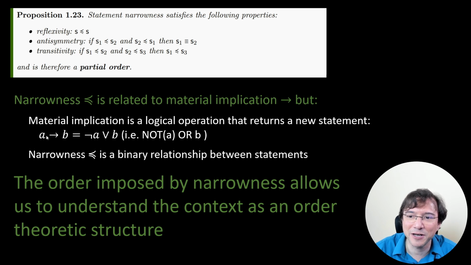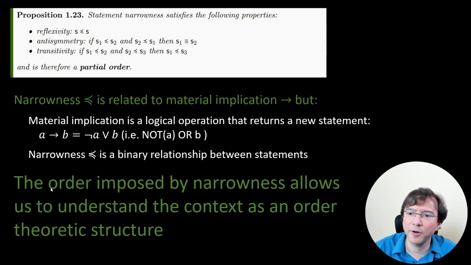But the point is that material implication typically gives you another statement. It takes two statements and creates a new statement. And that's not what's happening here. Narrowness is just a binary relationship. So you give it two statements and it doesn't give you another statement in the logical context. It just tells you whether that thing is true or false. It's just a relationship between the assignments. So that's why we have a different symbol, because it's not exactly what people do in standard logic.